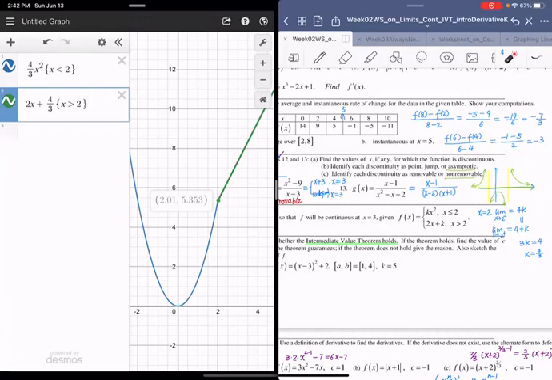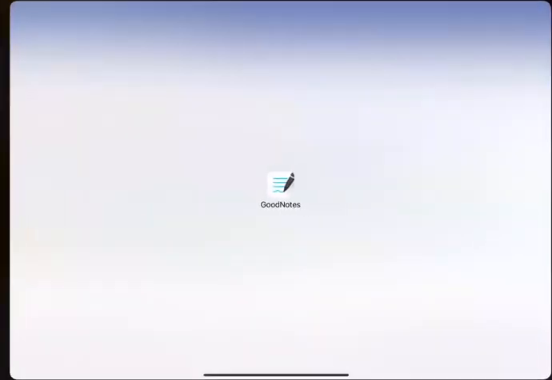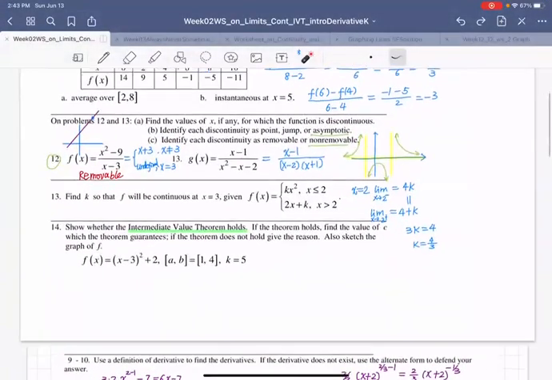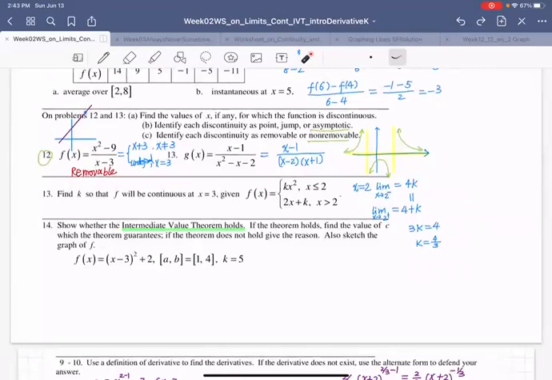If the slope is not equal from both sides, on this cusp point, this function is not differentiable. Yes, it is continuous, but it is not differentiable. And the question is not asking you whether it is differentiable or not, it just asks you for continuous.